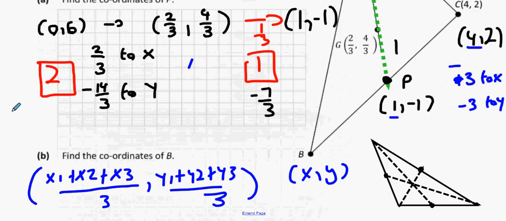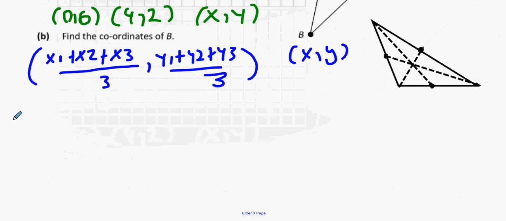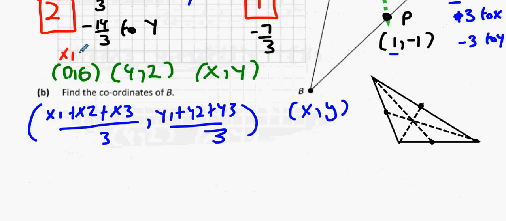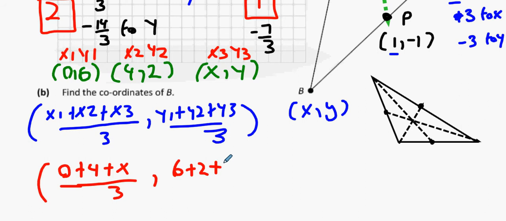So we have (0, 6), we have (4, 2), and we have (x, y). Is that okay with you guys? Label them x1, y1, x2, y2, x3, y3. Alright, put them in and you're going to get 0 plus 4 plus x all over 3, and 6 plus 2 plus y all over 3.